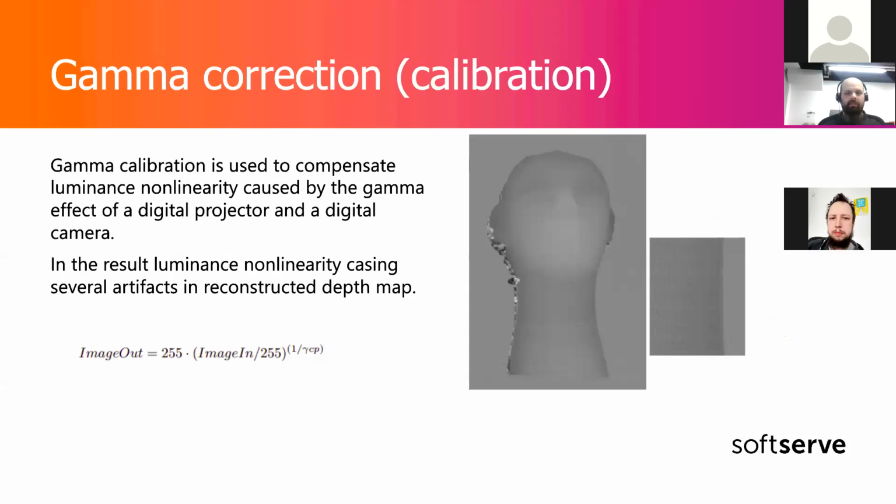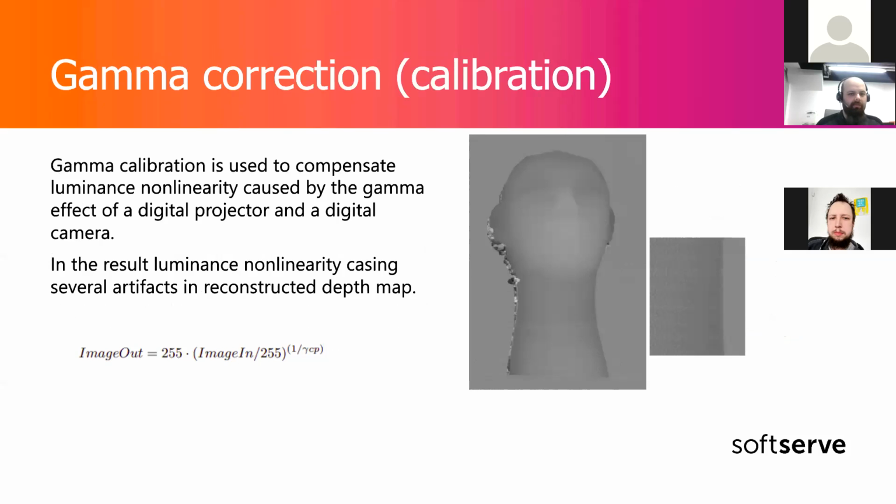Not in the end, actually. It's one of the middle steps to do the gamma correction calibration. The projector luminance is non-linear.